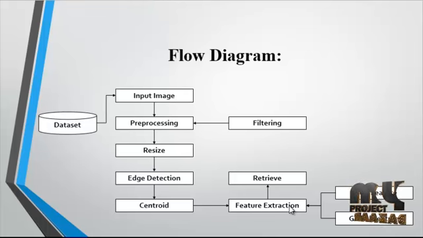After the feature extraction, the retrieval is undertaken. In the retrieval, according to the feature, the distance is calculated and then the respective images are retrieved. If the dataset contains 10 relevant images, the retrieved images will be 10.